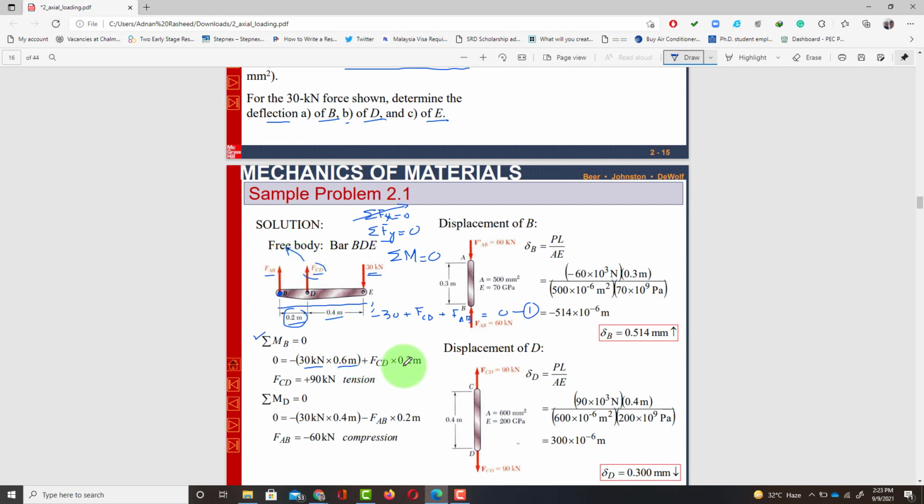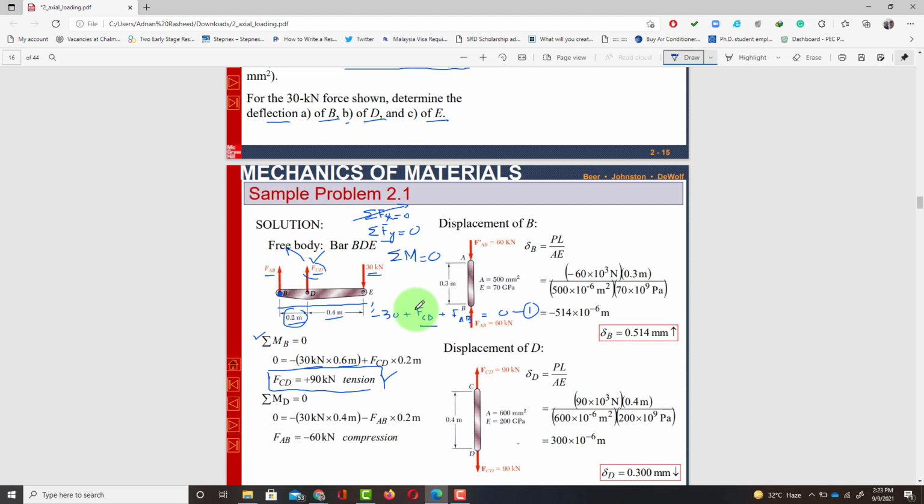So plus F_CD times 0.2 equals 0. When you simplify it, you will get F_CD equal to 90 kilonewton. The plus sign means that the direction you assumed, upward, is correct. Clear? Now, if you put this F_CD over here, it will also be okay.